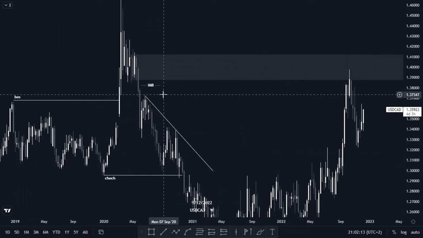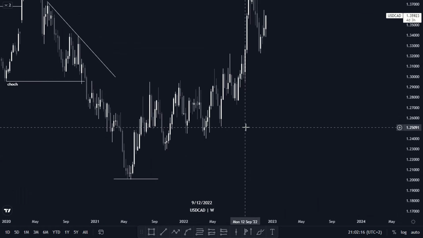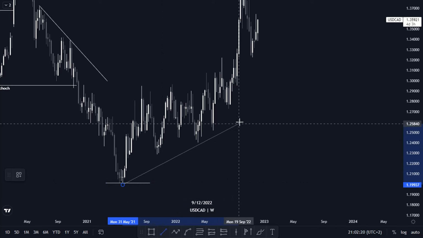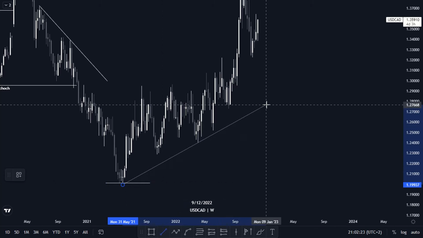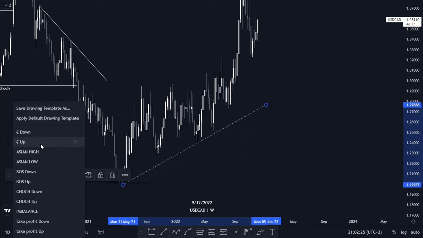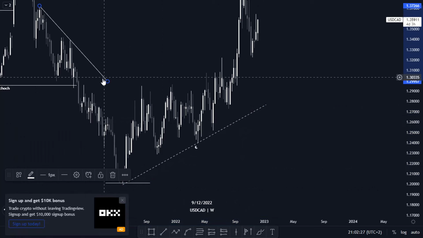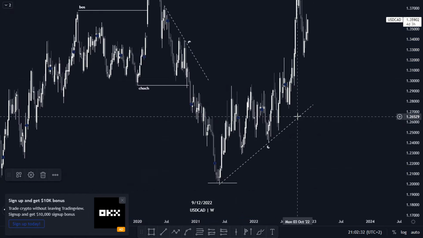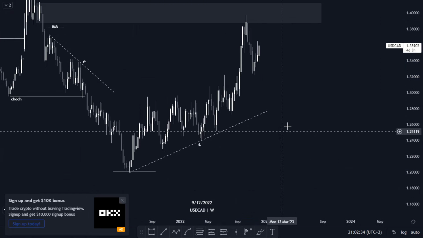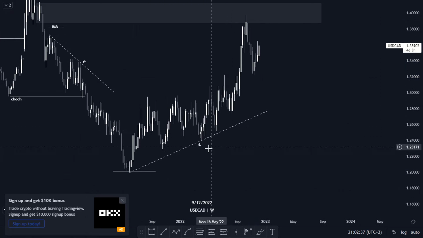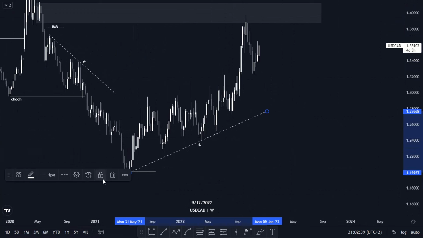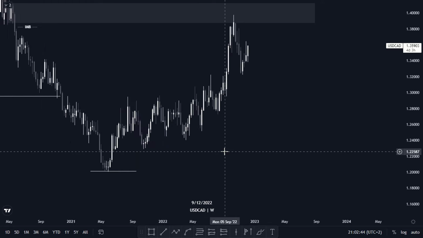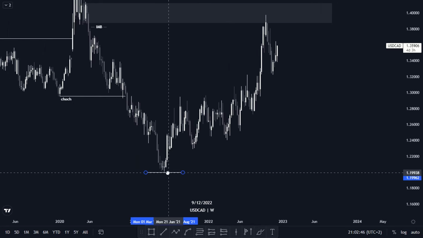That was filled here, and also we can see that here we have a form of trend line liquidity also here that needs to be cleared out. Okay, so those liquidities have to be cleared out. Okay, so we can delete those there. So let's move to the daily chart and see what we have on the daily chart.